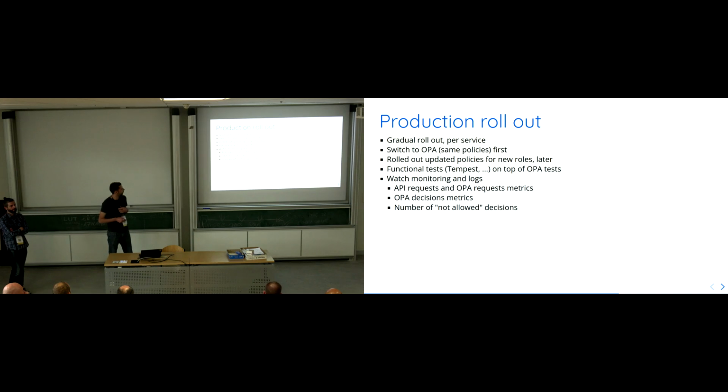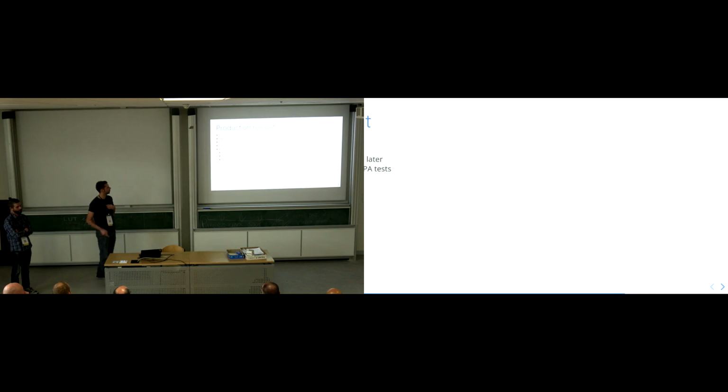One thing is, you see first performance, and remember the long decisions. We kept an eye on whether the number of denied decisions was for some reason growing too much, because that would be a sign that maybe we are denying things which should not be denied. So it is important to have all this monitoring in place.